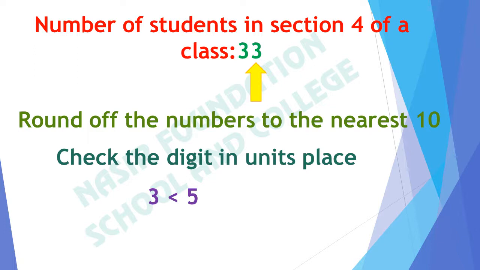It means, what will be the answer? We will not change it. We will not change the digit in its tens place. It will remain the same and the digit on the right hand side will become 0. If we round off this number 33 to the nearest 10, it will become 30.